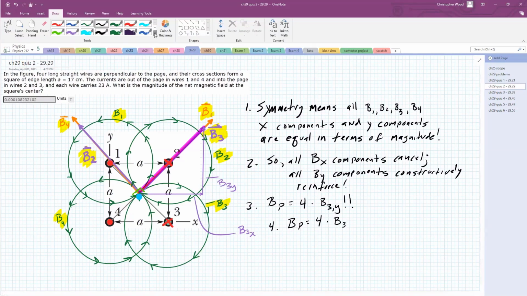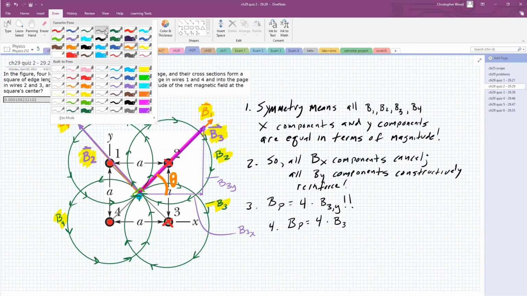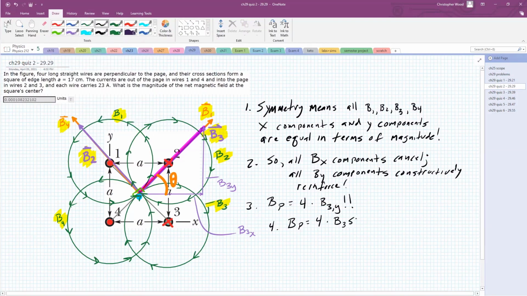Well, here's theta. Things are getting messy, but if this is theta, that's theta. So B3 sine theta will get me the Y component. All right, so let's just run with that.